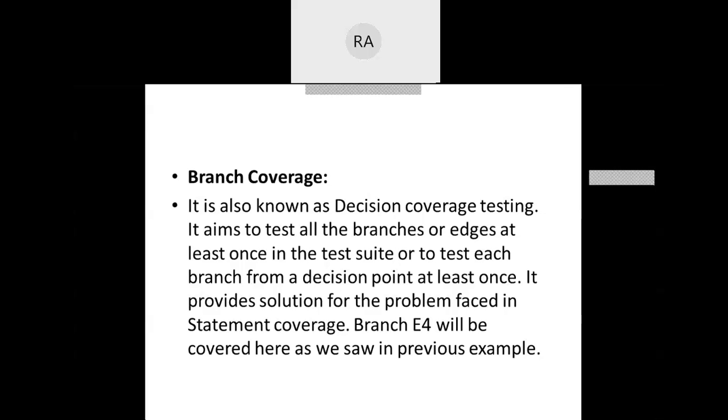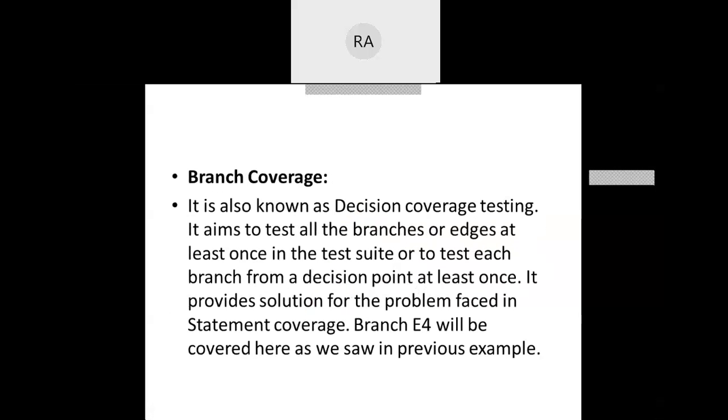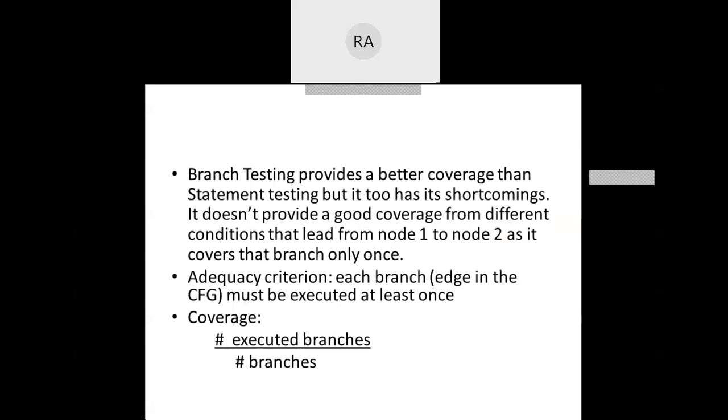So it provides a solution for the problem which was not covered in statement coverage. E4 was not traversed, but with the help of branch coverage, I will test this particular branch as well as this particular branch. So that is possible with branch coverage. It is better as compared to statement testing, but it has also got certain limitations.